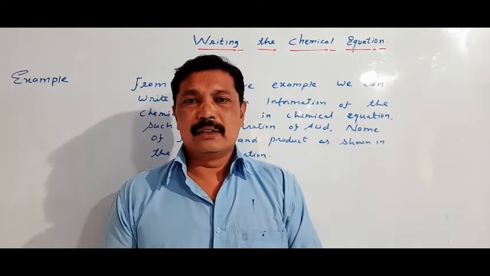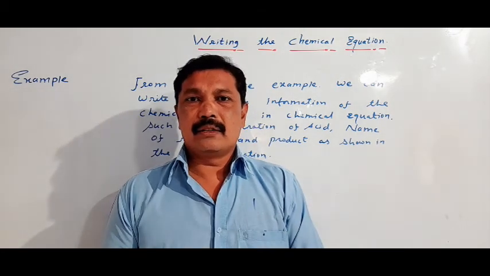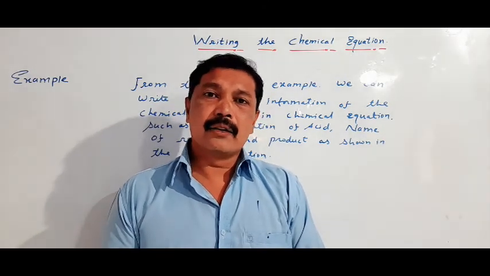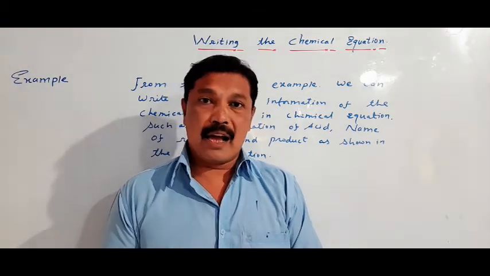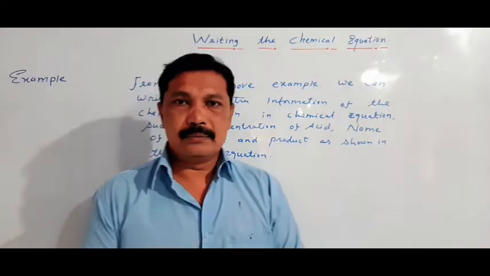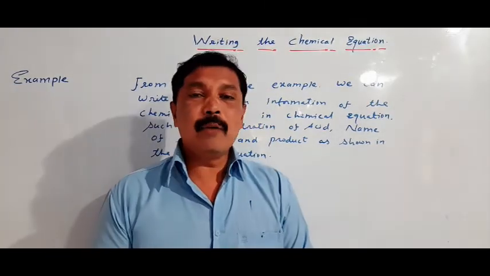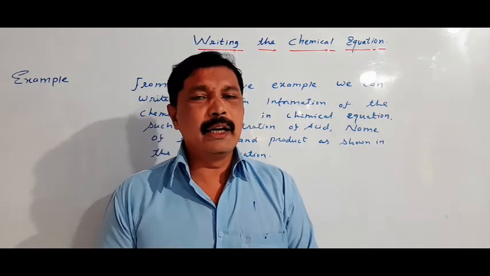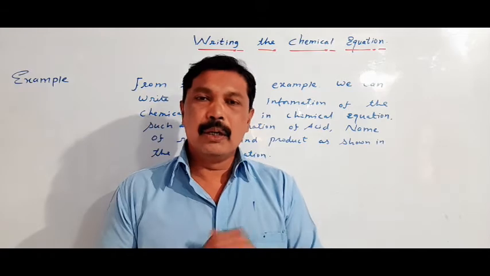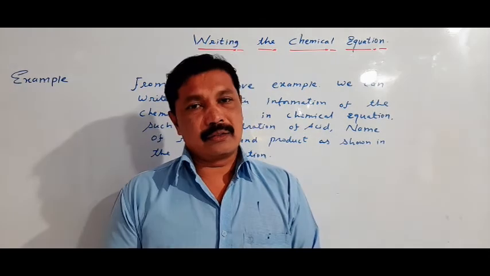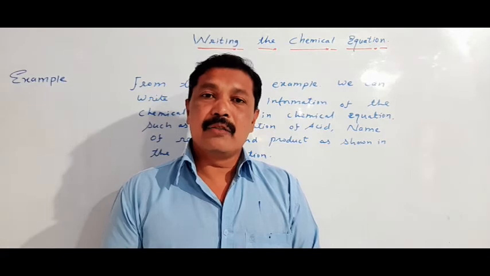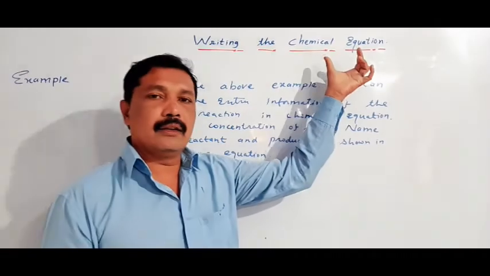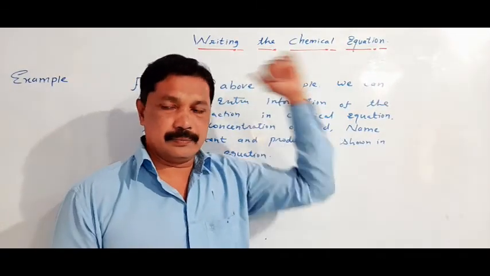In such condition, the specific temperature and the catalyst are written above and below the arrow as seen in the example. Sometimes the name of the reactant and the product, the concentration of acid and base can also be written at the below of the reactant and product. So these are the information which we have to keep in mind while writing chemical equation.